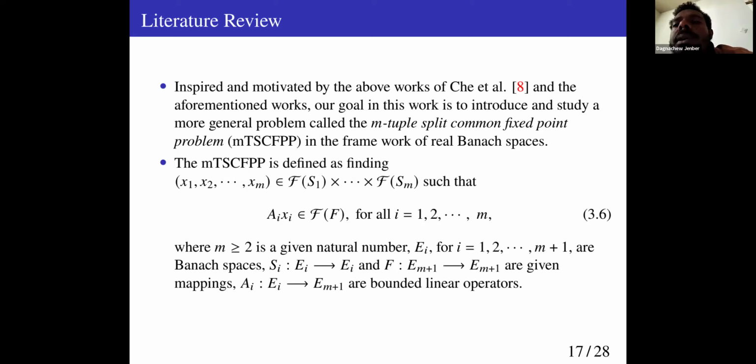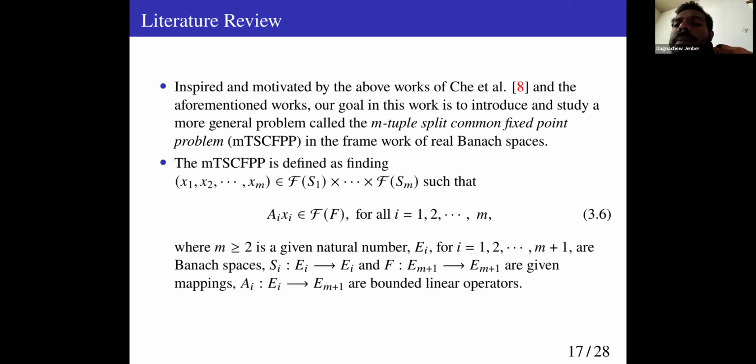So the M-tuple split common fixed point problem is defined as finding x1, x2, up to xM, of course, each of them must be contained in the set of fixed points of S1 up to SM, so that AiXi must be in the set of fixed points of the mapping F, where M is greater than or equal to 2 and is a given natural number, Ei for every i from 1 to M plus 1 are Banach spaces, Si is a self-mapping from Ei to Ei, and F is a self-mapping from E(M+1) to E(M+1).